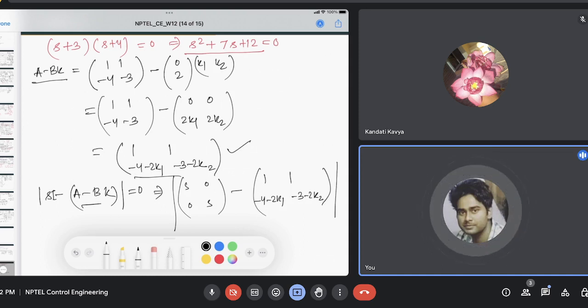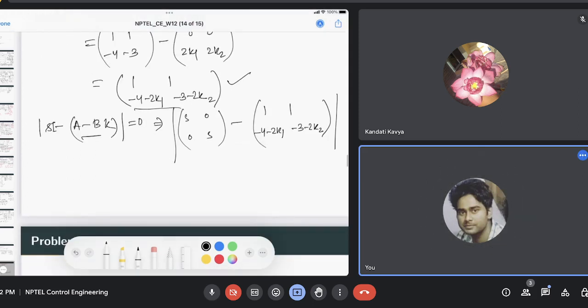If some steps are not clear, just interrupt and ask me. I'm assuming it's clear because these are just algebraic operations. So then we write this: [s-1, -1; 4+2k1, s+3+2k2]. This is the matrix, and we take the determinant and equate it.